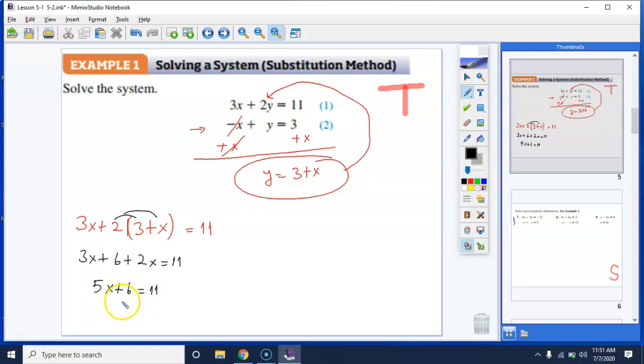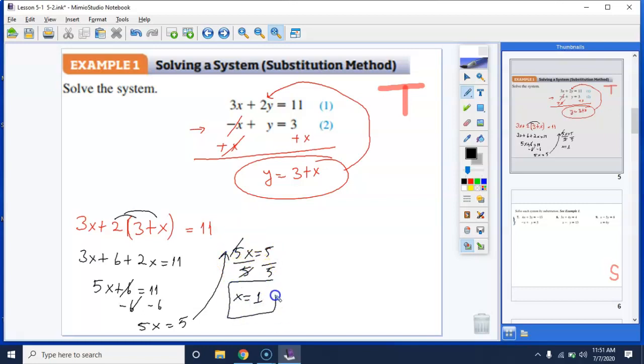It's just regular algebra. Minus 6, minus 6, they cancel each other. 5x equals 5. If we divide both sides by 5, we get x equals 1.